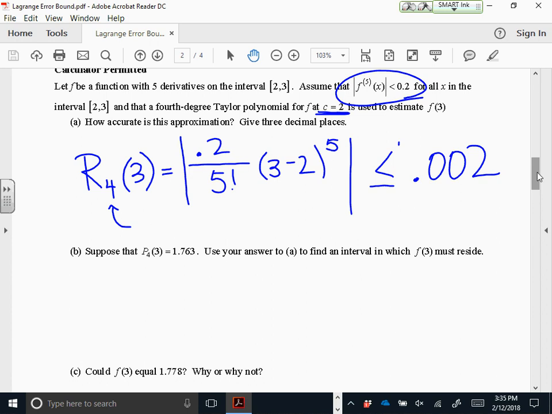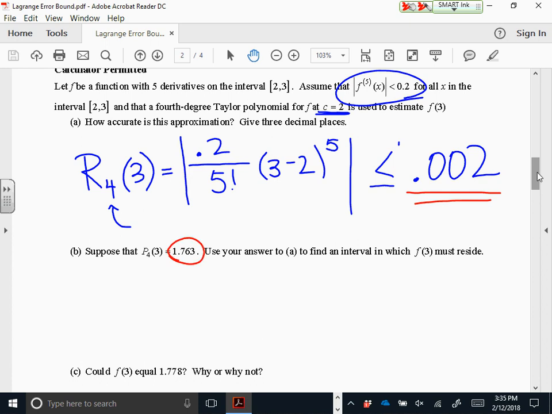Now, suppose that the polynomial evaluated at 3 is 1.763. Use your answer in A to find an interval in which f of 3 must reside. Well, this is our maximum error, and they're telling us that this is the approximation.